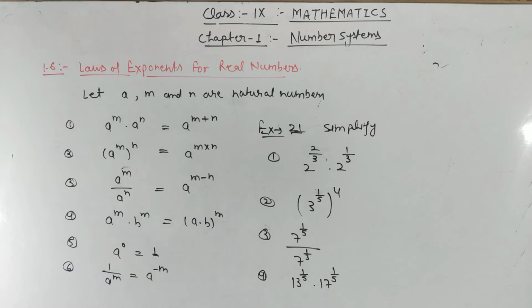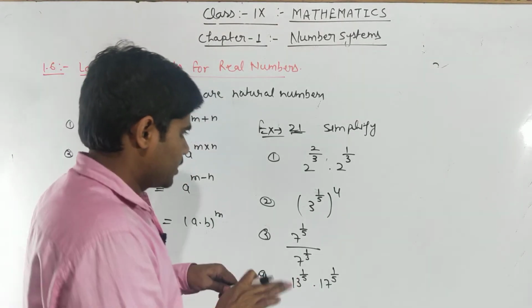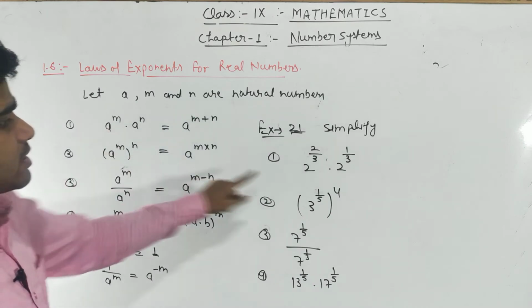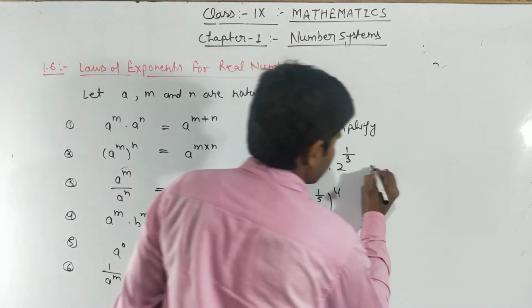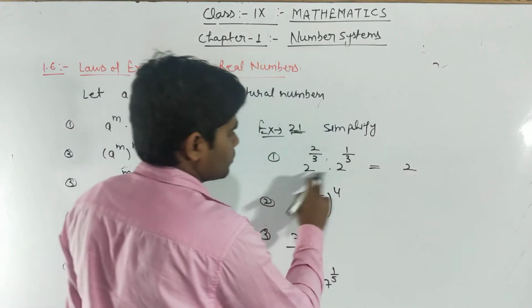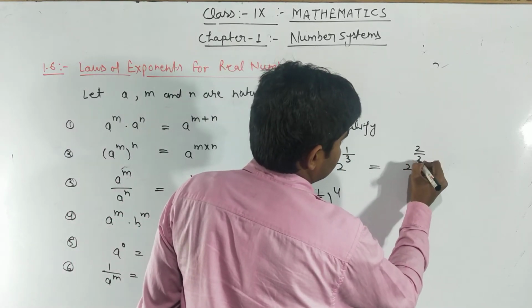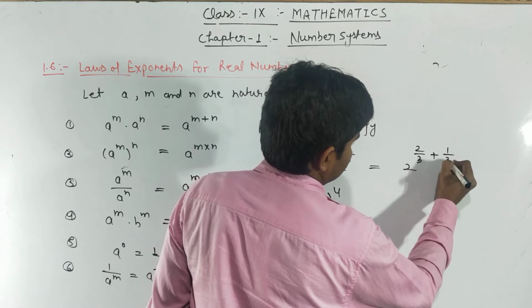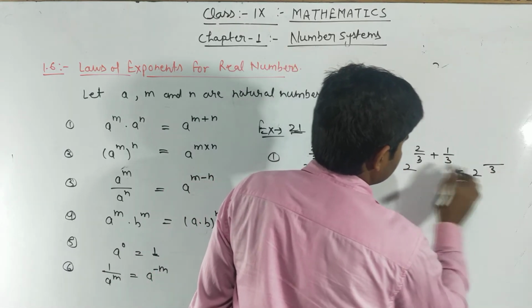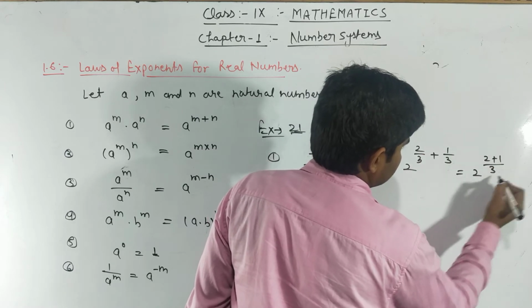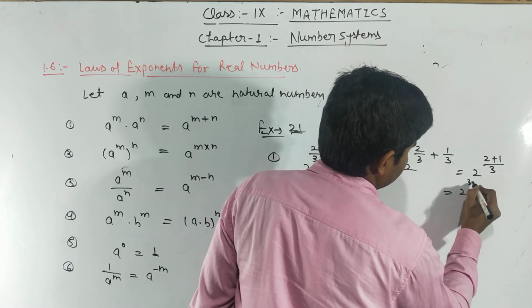Now, how can you solve? Now first one, using this identity, base is 2 and exponents are 2/3 and 1/3. So base 2 power 2/3 plus 1/3, so is equal to 2, LCM 3, 2 plus 1 is equal to 2 raised to the power 3/3.